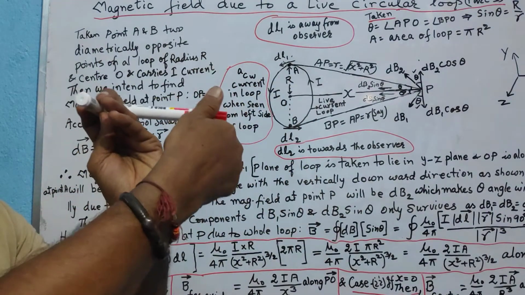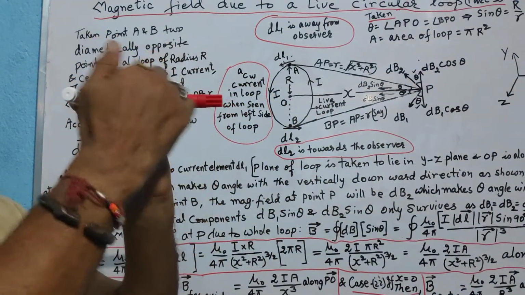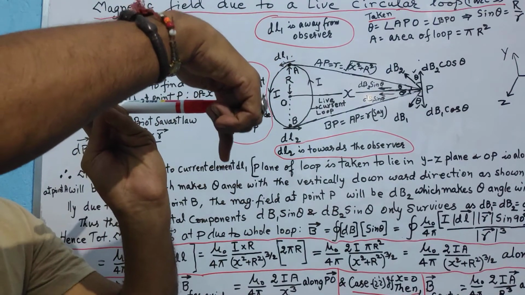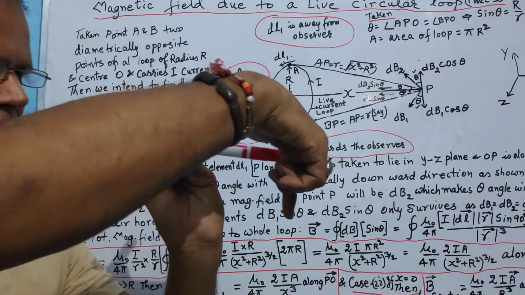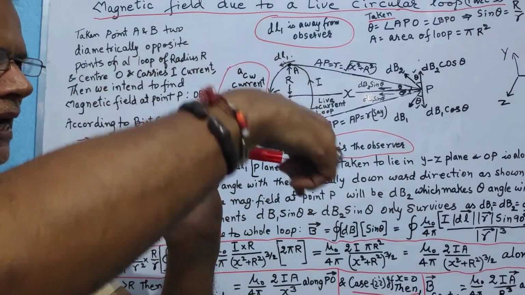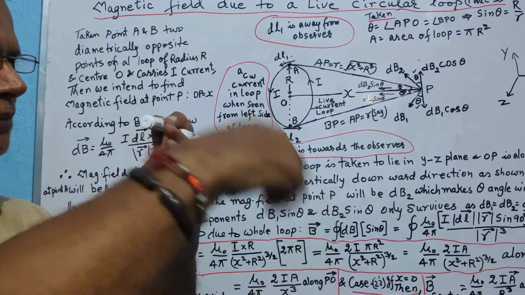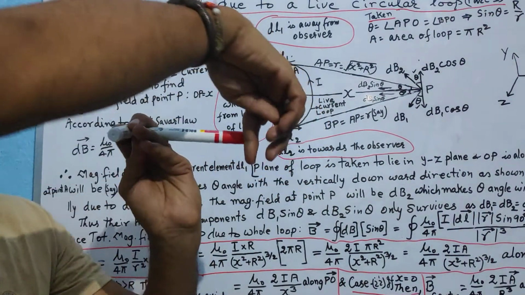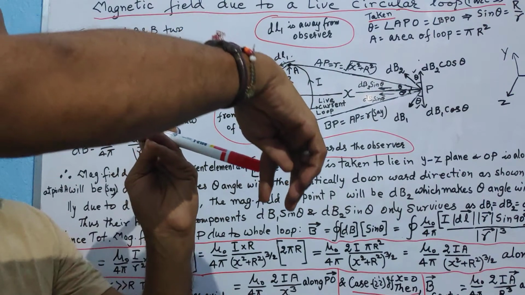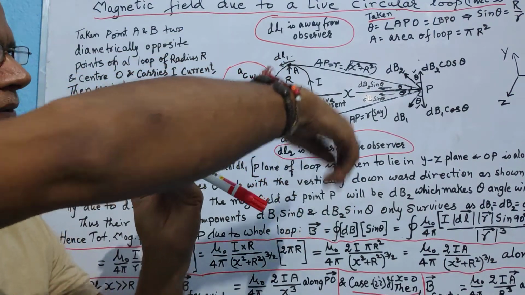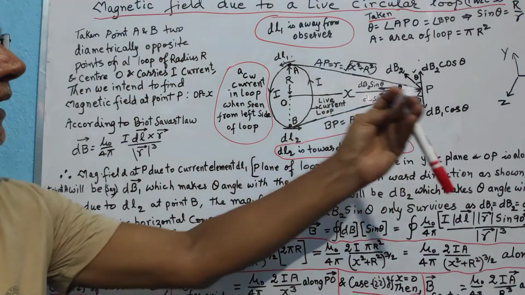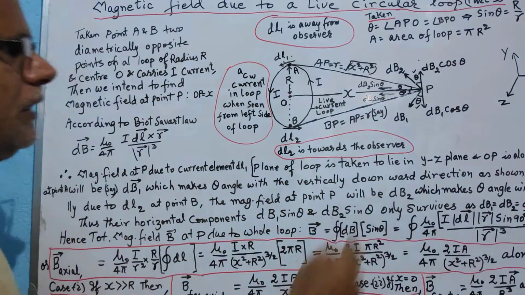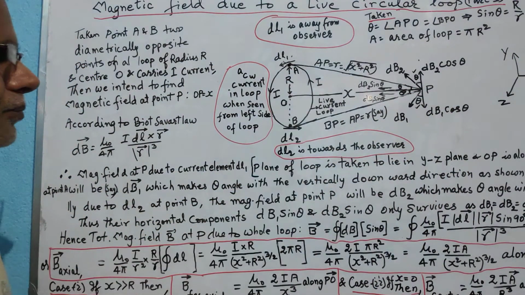Had vector r been in horizontal direction, then the magnetic field would have been vertically downward. But since r is not in the horizontal plane, it is making some angle theta with the horizontal, and therefore the magnetic field will also make angle theta with the vertical, so the direction of dB is making theta angle with the vertically downward direction, dB1.